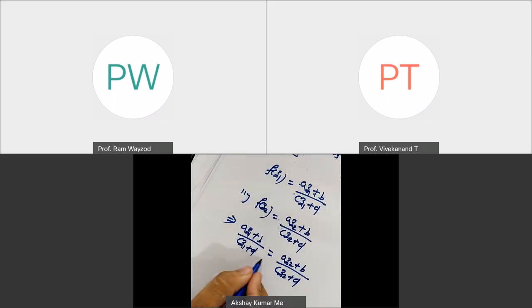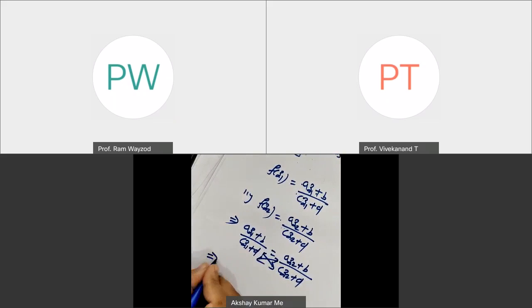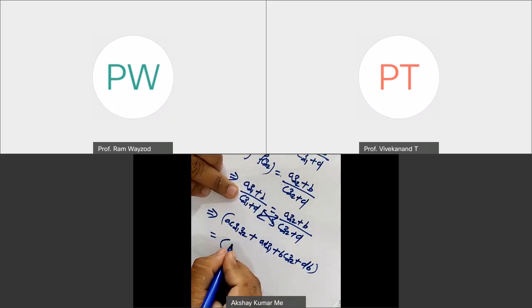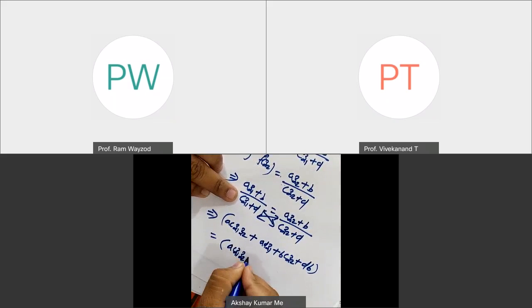Next, we do cross multiplication on both sides. So we get AC Z1 Z2 plus AD Z1 plus BC Z2 plus BD is equal to AC Z1 Z2 plus AD Z2 plus BC Z1 plus BD.